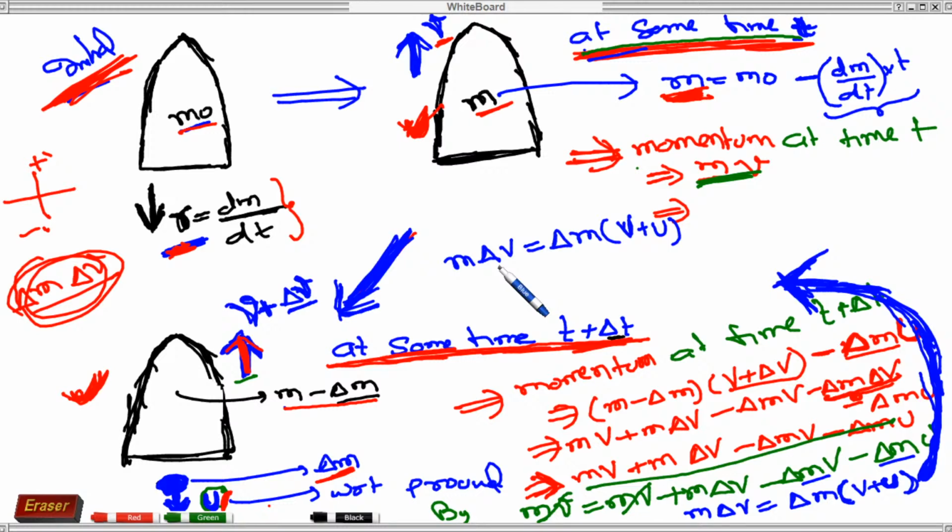Dividing both sides by delta t, it will become m delta v over delta t is equal to delta m over delta t (v plus u).